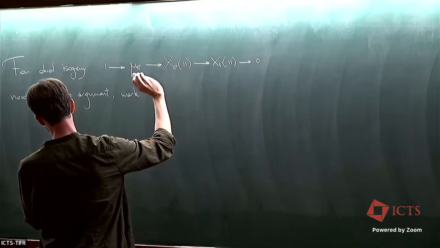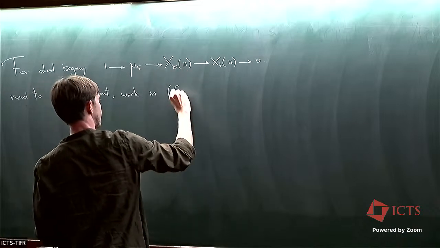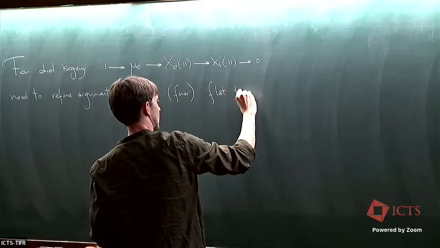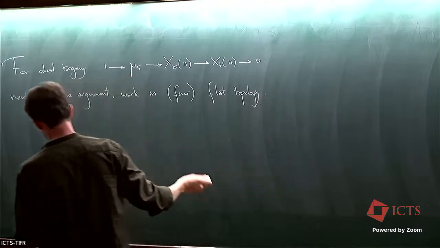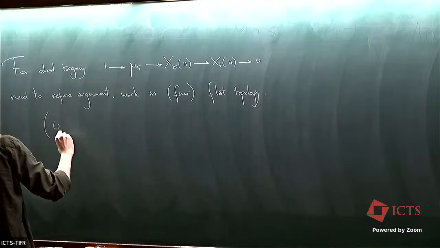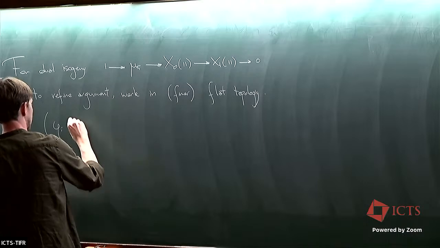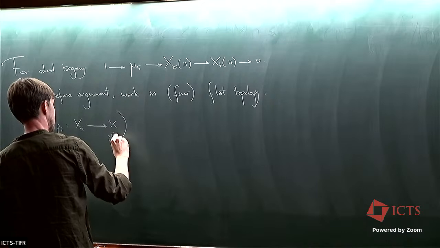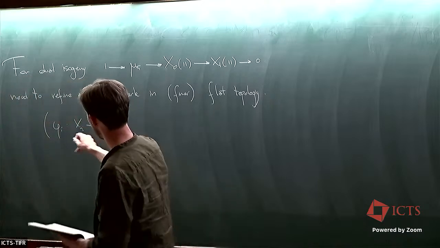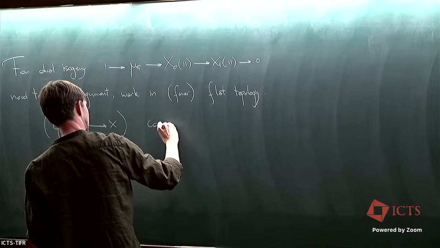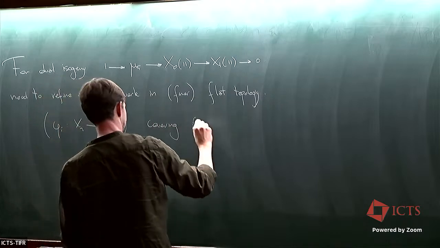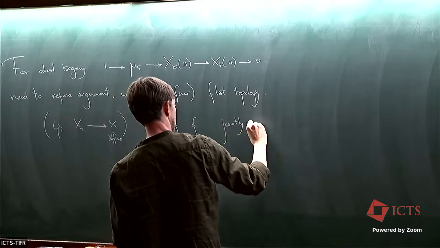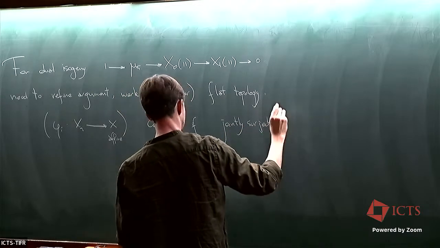So we're going to work in the finer flat topology. And for those of you who know what that means, that's the topology that's generated by covers which, if you specialize to affine subsets, the covers must be of the form: well, the family must be jointly surjective, topologically.